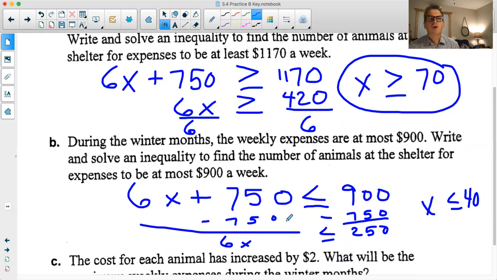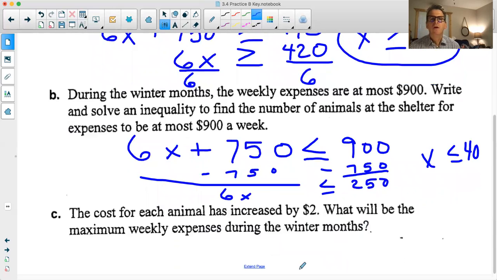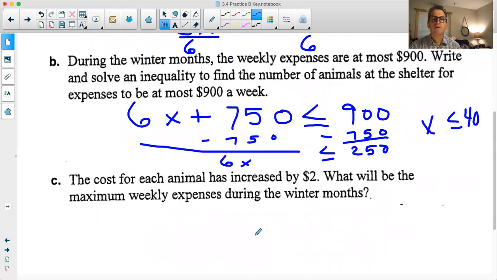Letter C, the cost for each animal has increased by $2. What will the maximum weekly expenses be during the winter months? Okay, so it says there the cost for the animals is increased by 2, so now it goes from $6 to $8 an animal. And what will the maximum weekly expense be during the winter months?